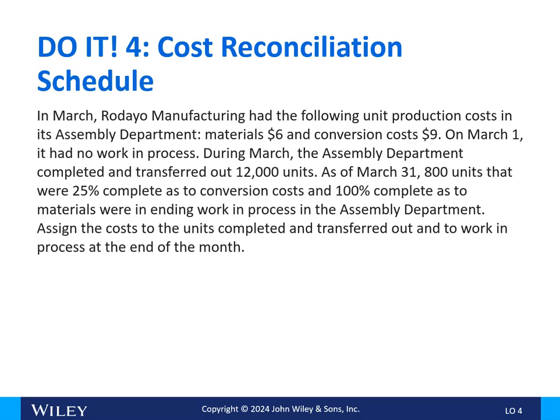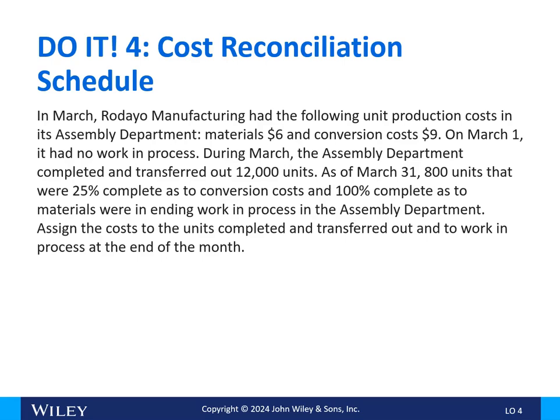So for the units completed and transferred out, it's 12,000 units. We take the material cost per unit plus the conversion cost per unit. So 6 plus 9, $15 times the 12,000 units. That'll give us what was completed and transferred out.